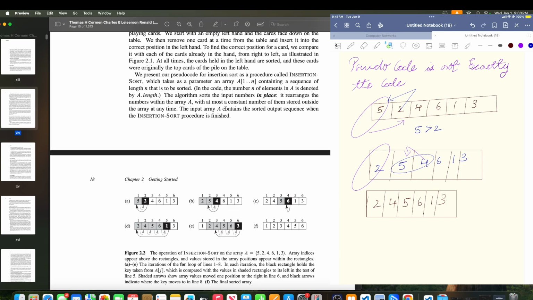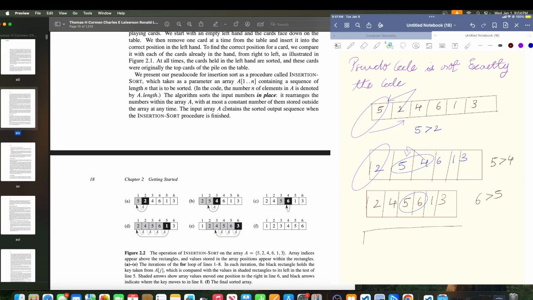Now we look at these two numbers. 6 is greater than 5, and 5 is greater than 4. So do we do anything? No. This is properly ordered. Then we go to the next element.